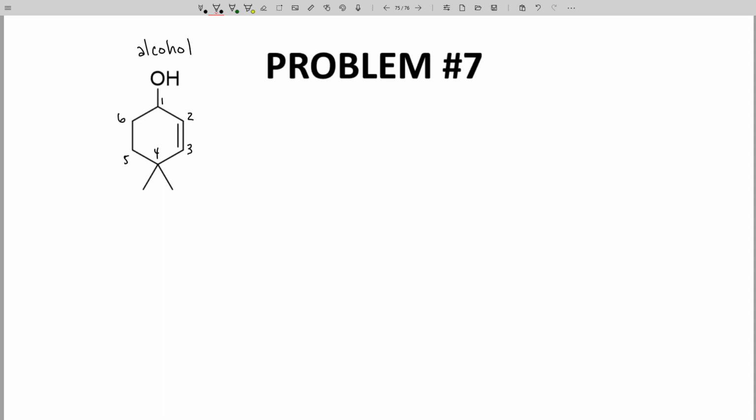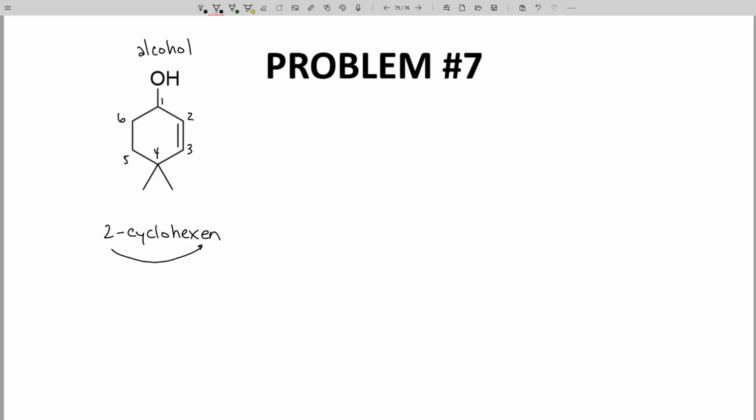Okay, so this is going to be some kind of 2-cyclohexene, and the 2 is referring to the ene, the position of the alkene. How about the alcohol? It's very tempting to say, oh, it's 1-ol.